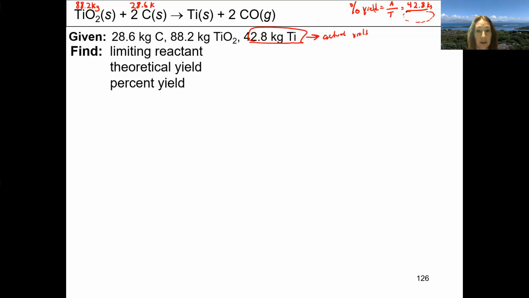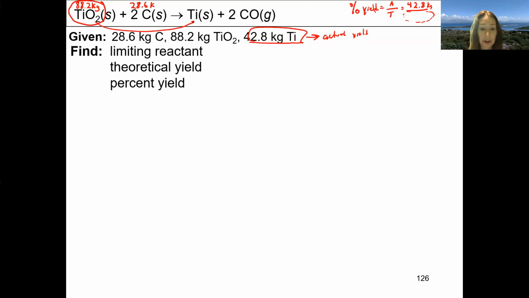Okay, so again, since I know I'm looking for Ti, what I'm going to do, and again, so many different ways to do this problem, is take this and say, hey, if I used all of my 88.2 kilograms, how much Ti could I make?